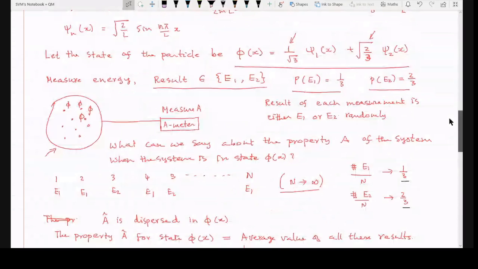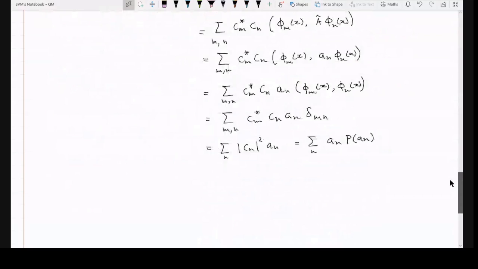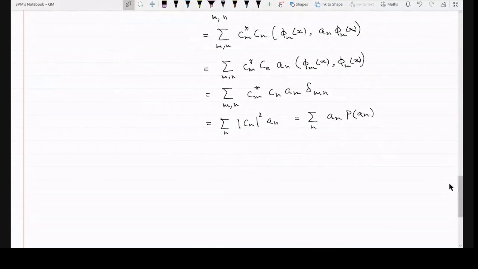It is called the expectation value postulate, and that is because the results of any observable are not known. They are randomly dispersed. Okay, so this is one of the important aspects.